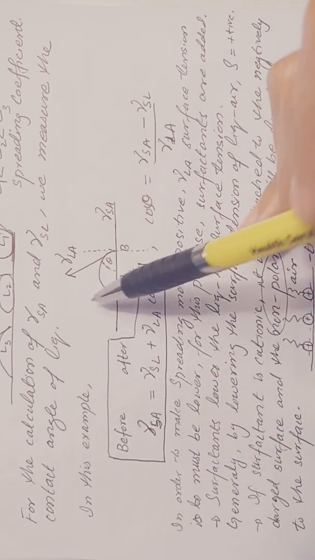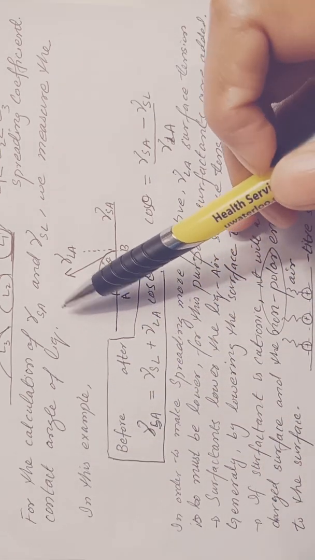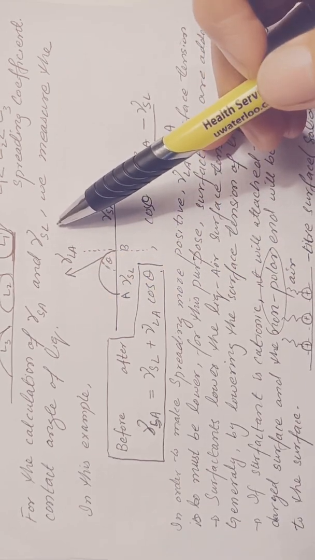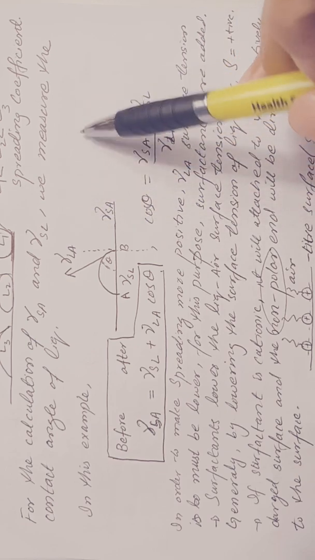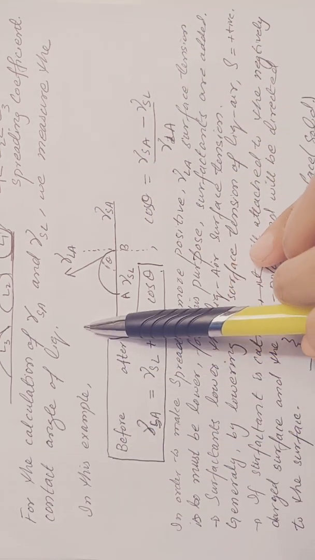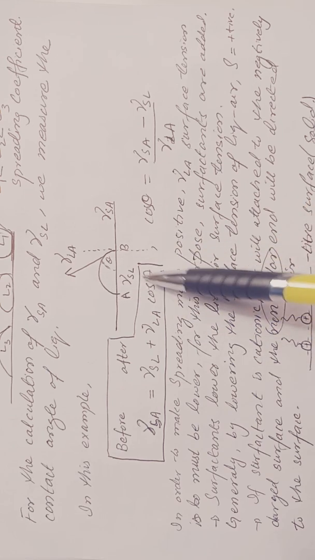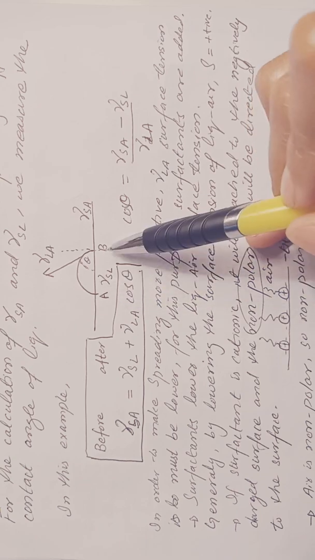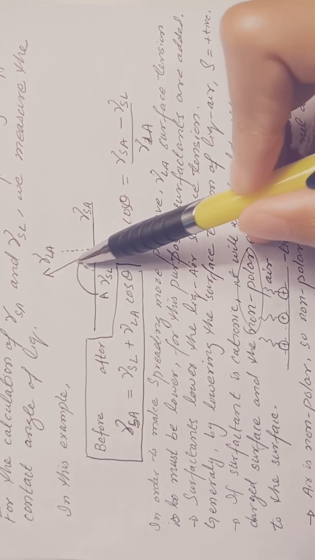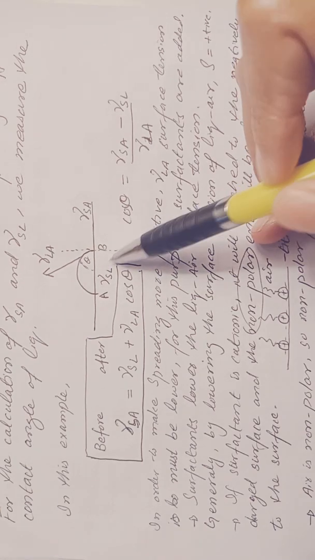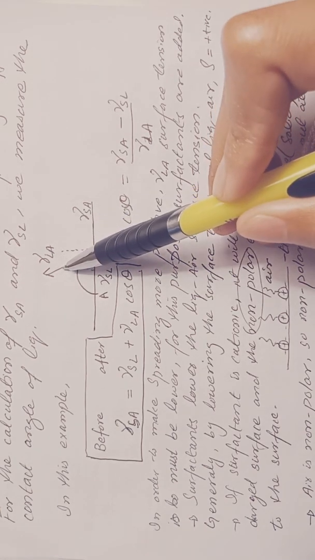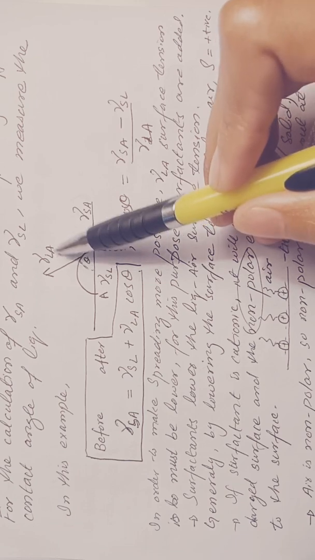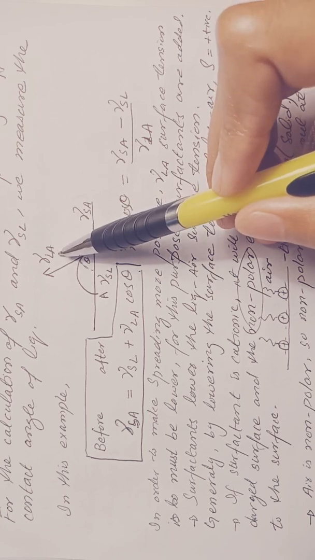Now, for the calculation of solid-air and solid-liquid interfacial tensions, we measure the contact angle of the liquid. Here we have an example. This droplet occupies a diameter AB, and from here we can draw the advancing angle, theta. This vector depicts the interfacial tension for liquid-air, that is the surface tension.